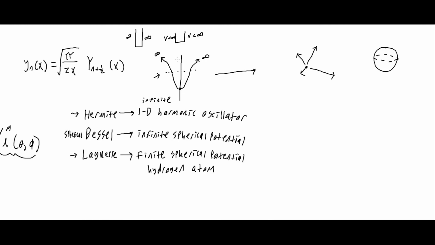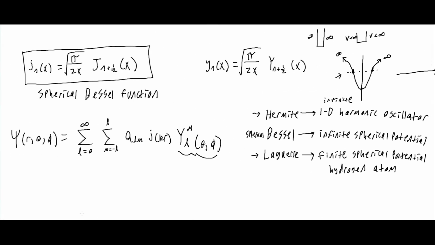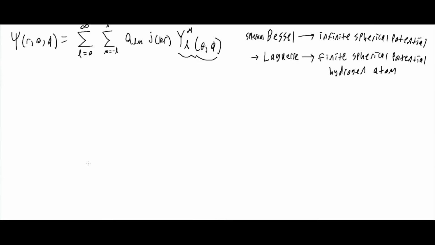This line right here is what the center of our sphere would be, and this right here and this right here would be the potential at some layer of our onion. That is what an infinite spherical potential is supposed to look like.